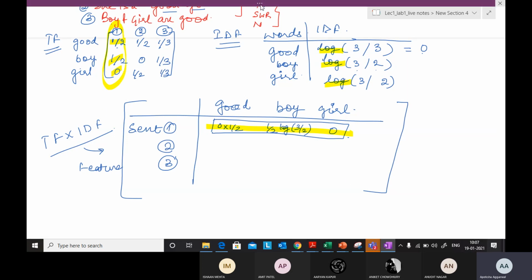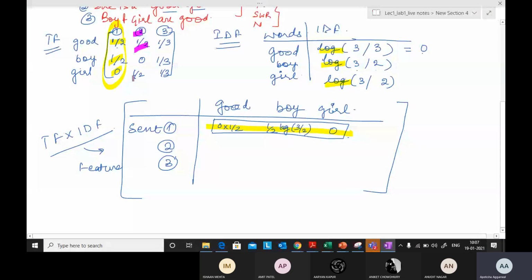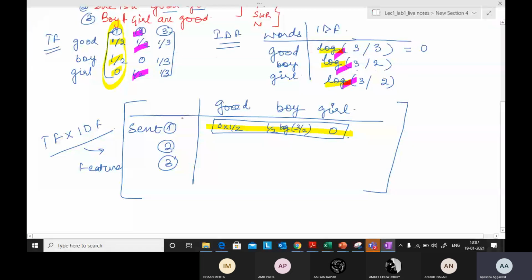Similar goes for the second sentence. So we will multiply this and this with again this and this. So for the second sentence we will get 1 by 2 cross 0, so this is 0.